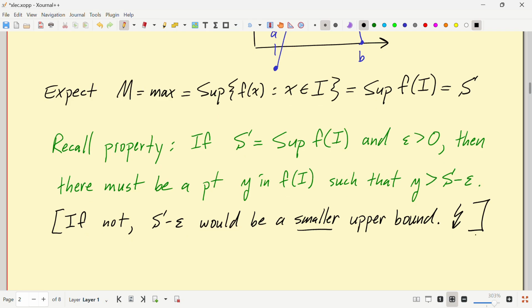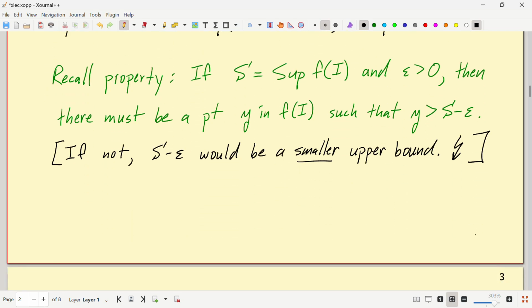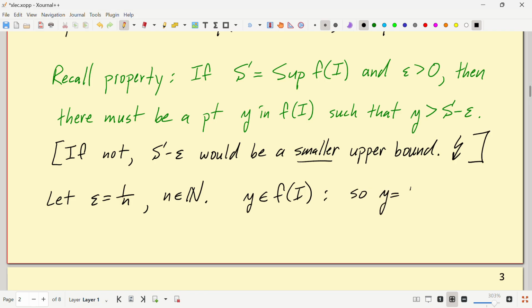And so now, here's the construction. I'm going to let epsilon be equal to 1 over n for n a natural number. And let's say my y is in f of I, so it's equal to f of x for some x.